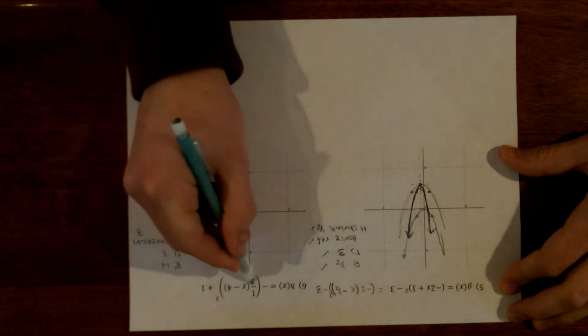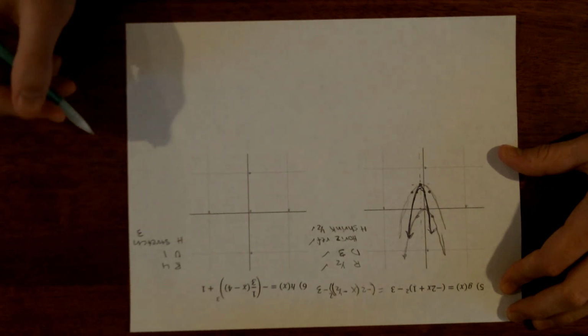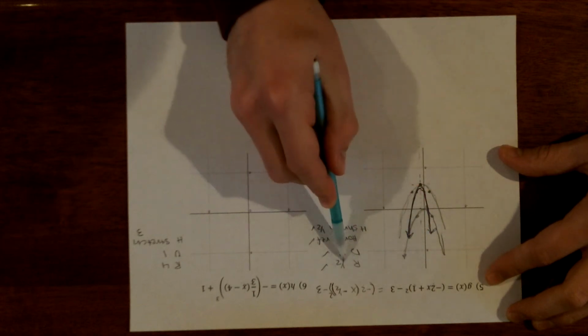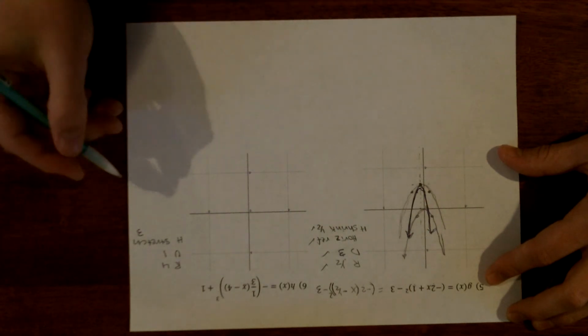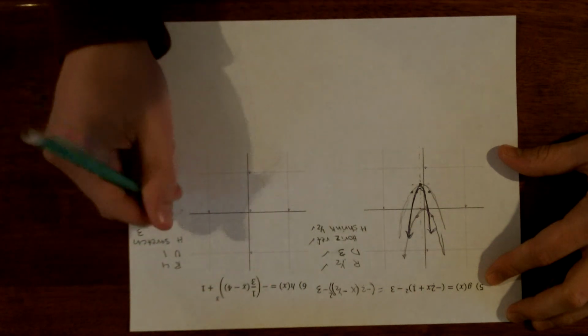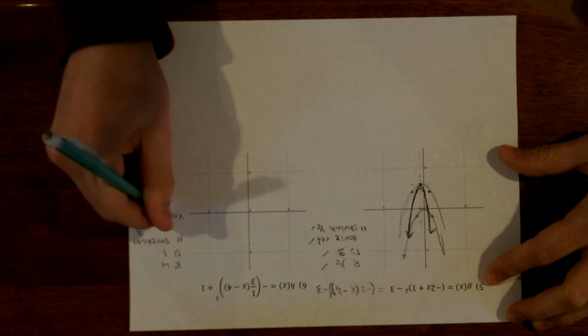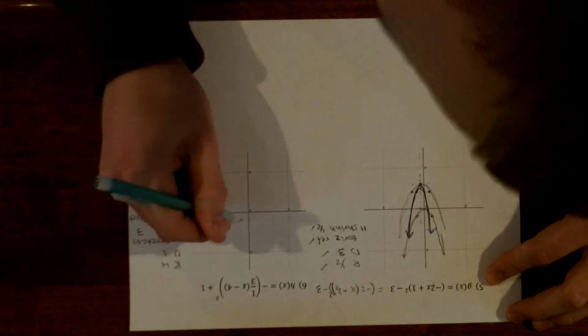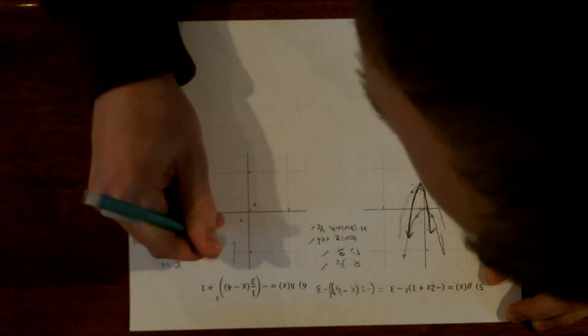To undo the 1/3, you multiply by 3. To undo the 2, you're going to multiply by 1/2. It's that undoing thing when you're on the inside horizontally. And then lastly, we have this negative on the outside, so that's a vertical reflection.